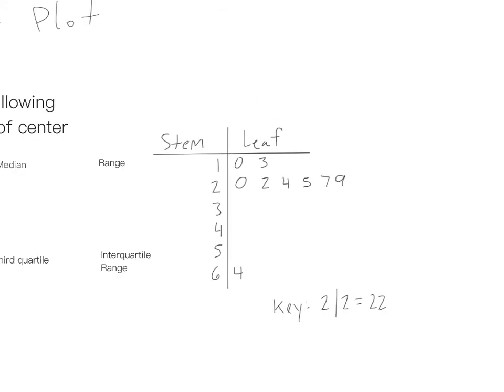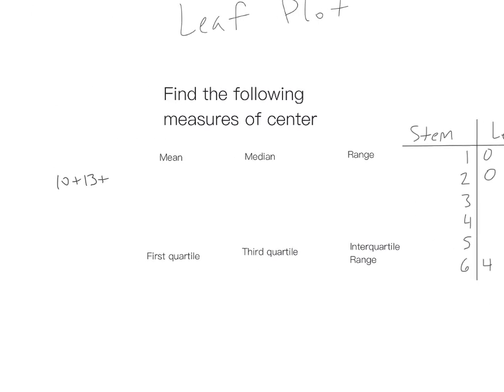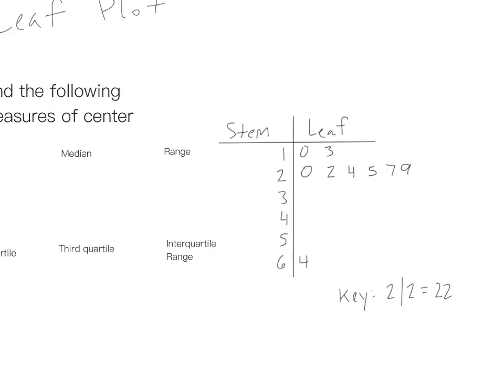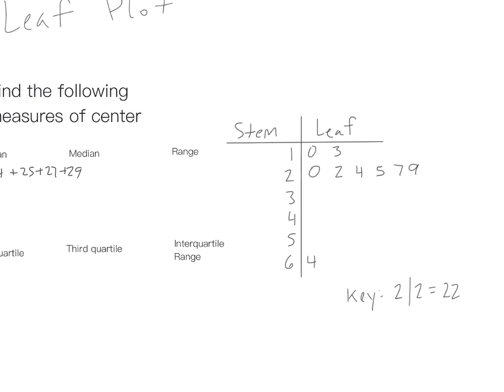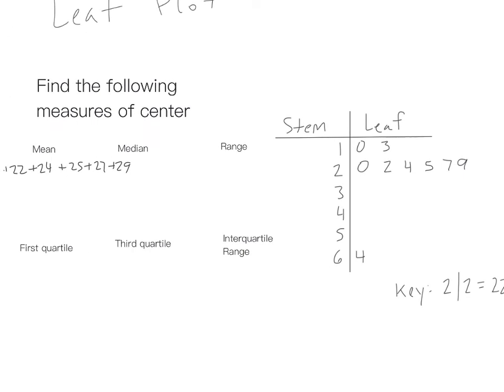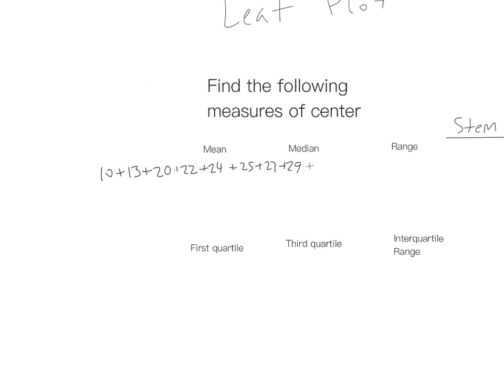Next, I've got a 20, a 22, and a 24. Then I've got 25, 27, 29. Running out of room here. And then lastly, I've got this 64, and so we'll just keep it. We're not going to worry about outliers right now.